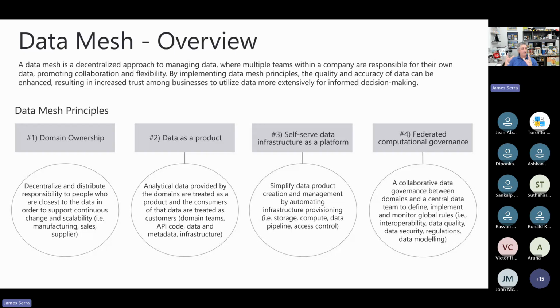And so each domain is going to have their own teams, like a mini IT team that's going to do all that work to make it available for everybody else to use. Well, that could be a lot of work. And if you have dozens and maybe hundreds of domains, you don't want them all building everything from scratch. That's where principles 3 and 4 come into play. The idea with 3, self-service data infrastructure as a platform, is to make it easy for each domain to build their analytical solution.